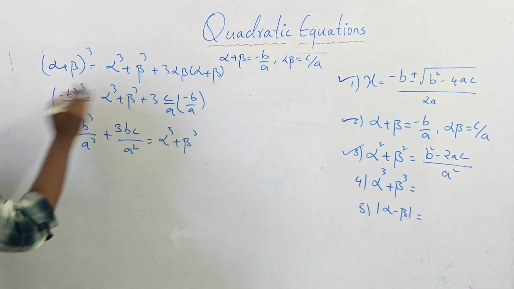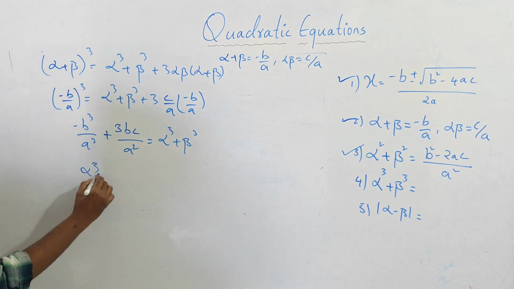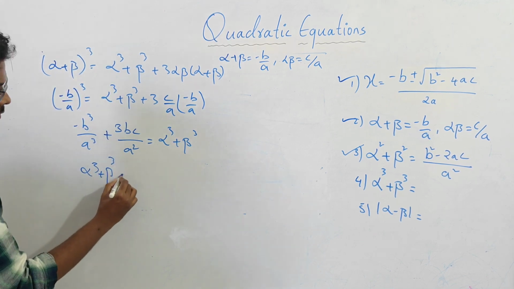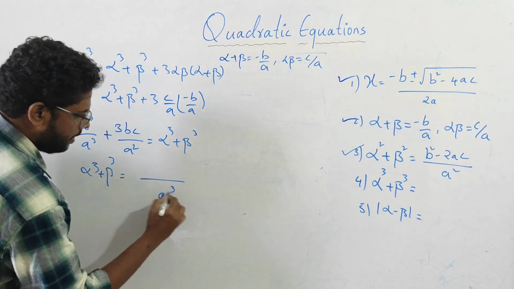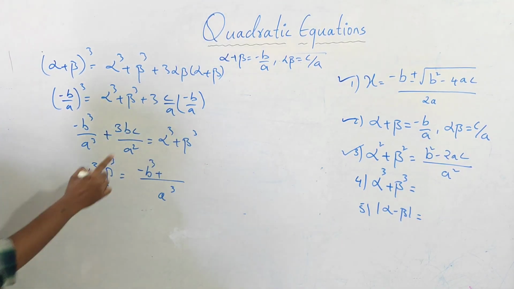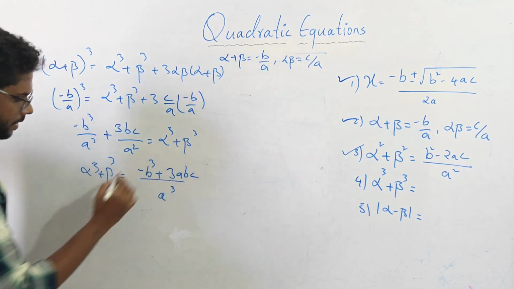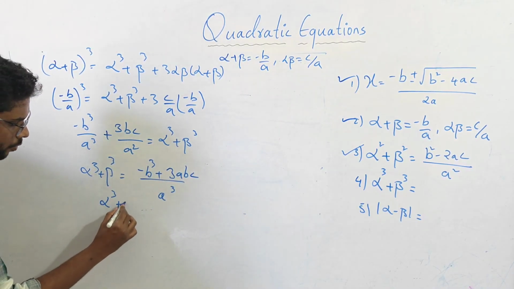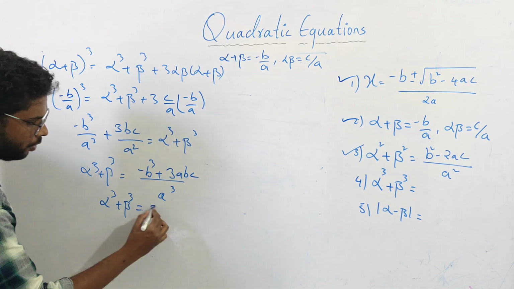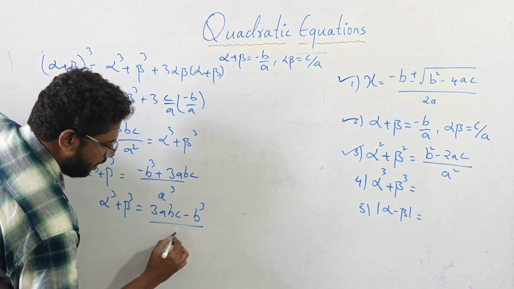Okay, what I have done is bring this term here. Now simplify. What do you get? Alpha cube plus beta cube equals, here a cube is the LCM, so minus b cube plus 3abc. This can be written like this: alpha cube plus beta cube equals (3abc minus b cube) by a cube.